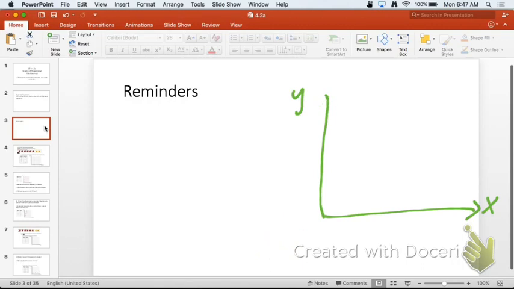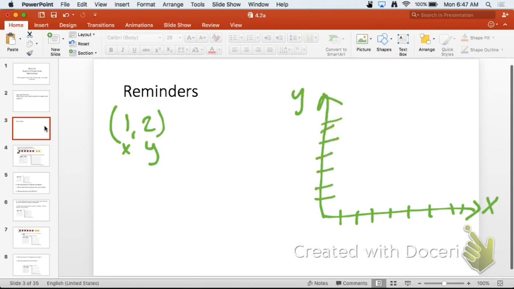Another reminder we need from our first chapter is an ordered pair. If I have an ordered pair, 1, 2, that means my x is a 1 and my y is a 2. So I come over here to my graph, and usually they'll have some type of name.